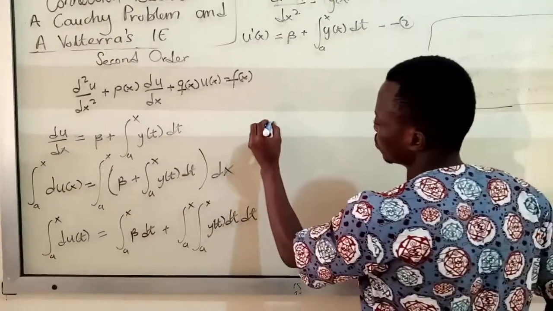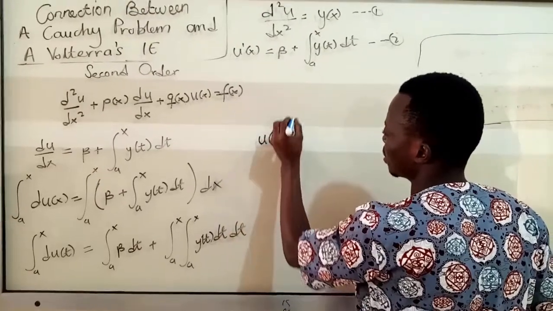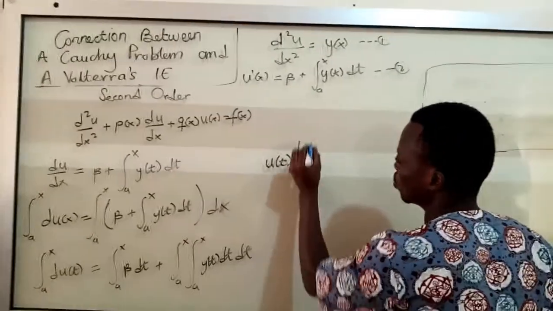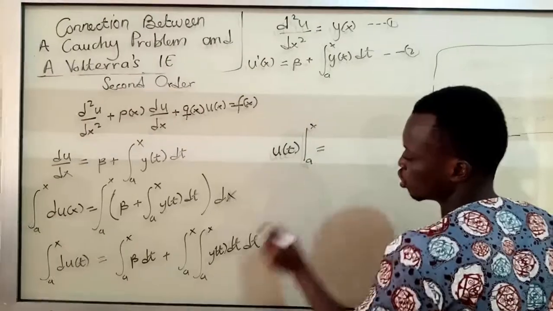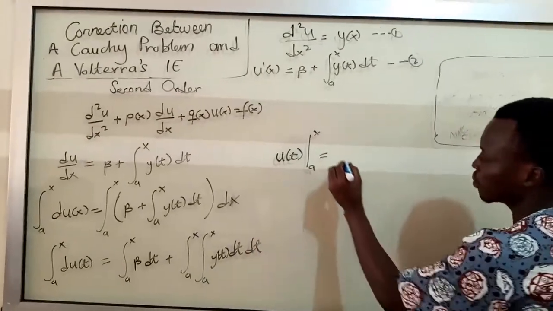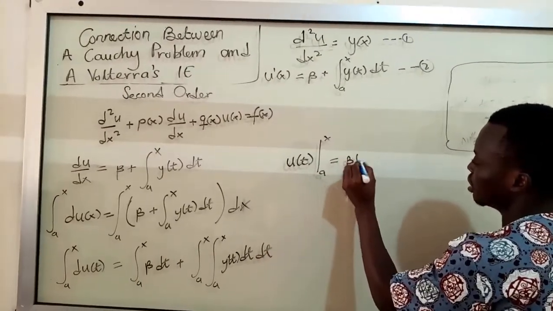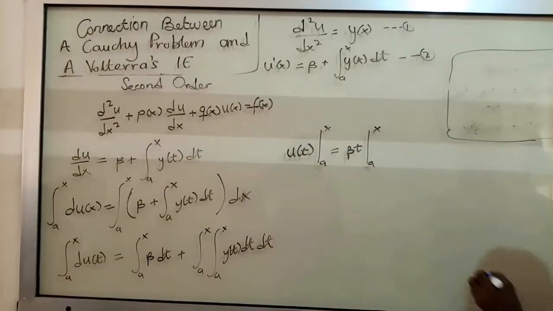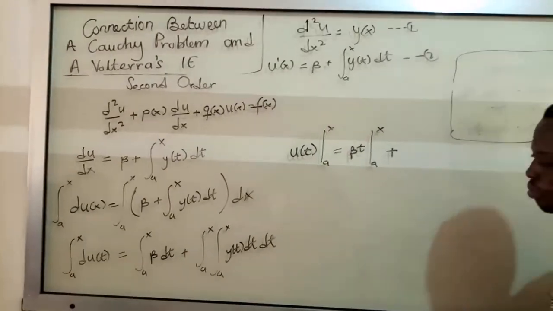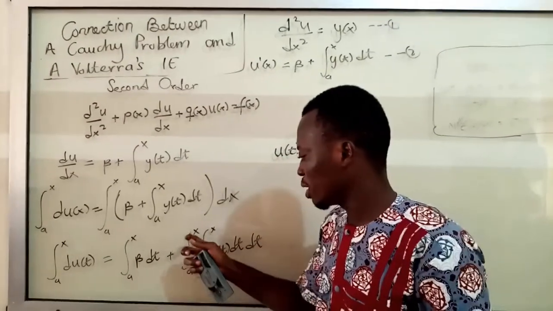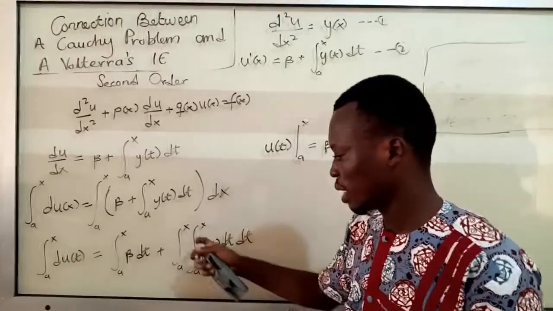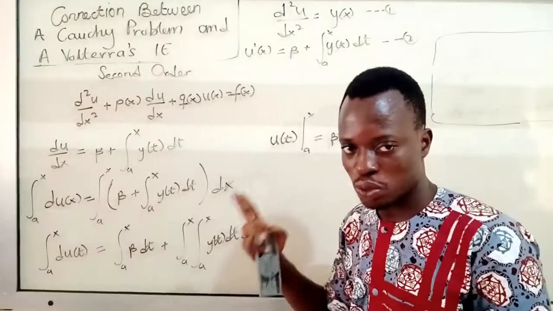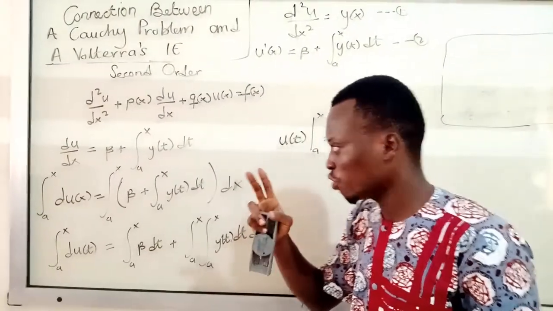Now if we integrate this side, we're going to get u of t evaluated from a to s, which will be equal to, if we integrate this, beta t evaluated from a to s, plus the double integral from a to s, where n is equal to 2 from the previous thing.